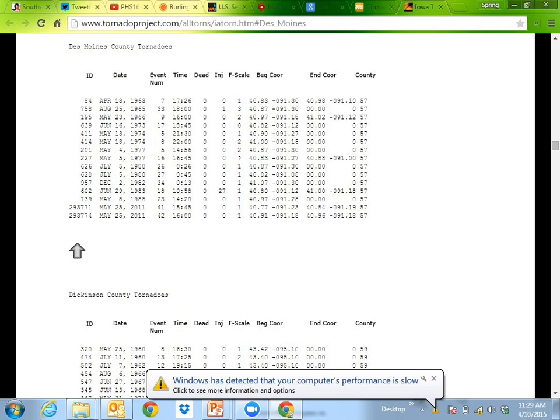In Des Moines County, from when this project began, 1963 to 2011, you can see the tornadoes. You can see the number of injuries, like there are no injuries except for June 29th, 1983, when 27 were injured. The F scale right there is kind of important. You guys would tell me that 5 is the highest, right? So you can kind of get a sense for what they are. So let's look at Lee County. And this one also is posted.